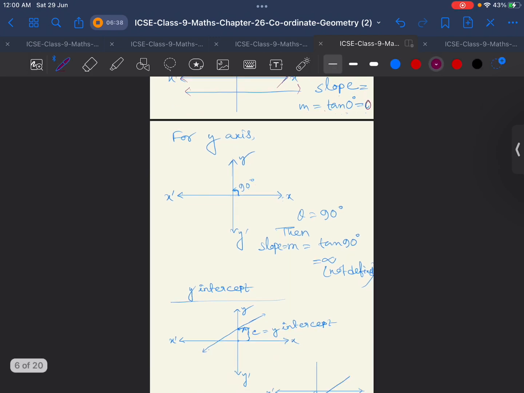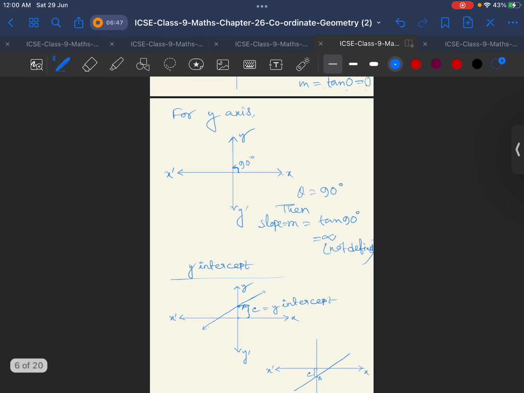Now for the y-axis. So this is the coordinate plane x dashed and y dashed. The y-axis is always perpendicular to the x-axis.